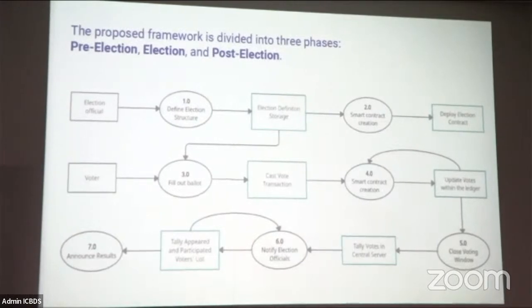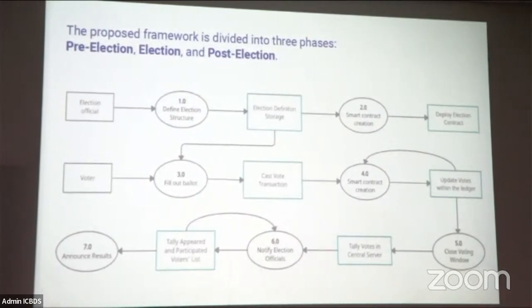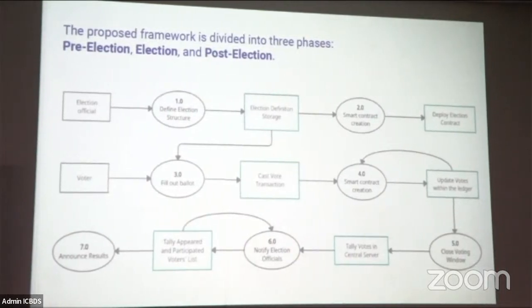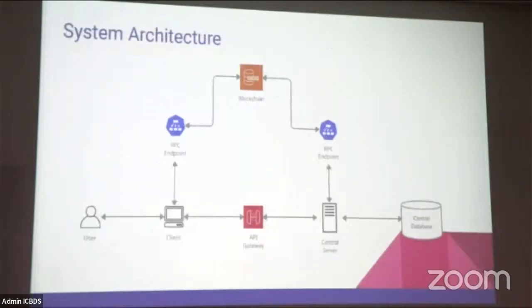Because the administrator and voters are in an untrusted environment. That is why we are using blockchain, and with the help of smart contract creation, it's possible. Then ballots are also part of this blockchain. Then the voting window, notifying election officials, and then results are also important.